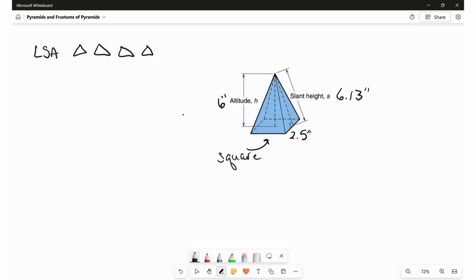In the text, it tells us that to find the lateral surface area, we can use the formula 1/2 PS, where P is the perimeter and S is the slant height.